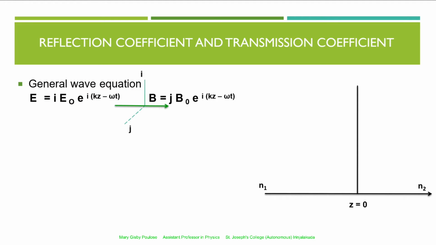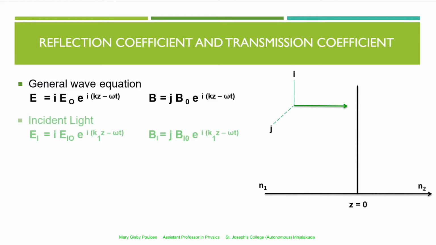Now, the green ray represents the incident ray. Hence, in terms of the E and B vectors, I can represent incident light as EI is equal to direction i into instantaneous value EI naught into e raised to i(k1z minus omega t). Here, this i represents the direction axis, whereas this i represents the imaginary term.